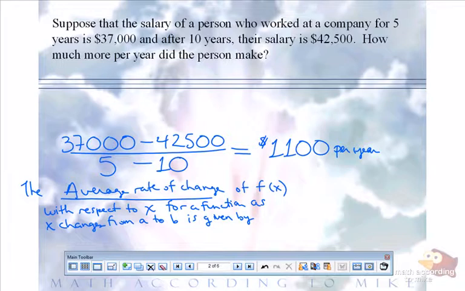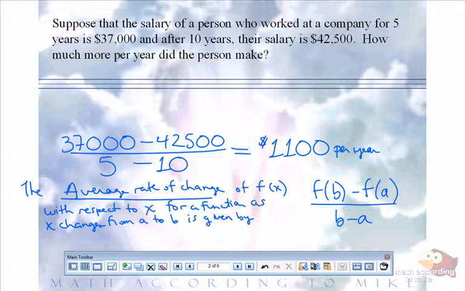Remember, slope was change in y over change in x. So for us, we would just say f of b minus f of a, that's your change in y, over the change in x, b minus a. So when you think average rate of change, just think slope. The formula looks a little bit different, but it means the exact same thing.